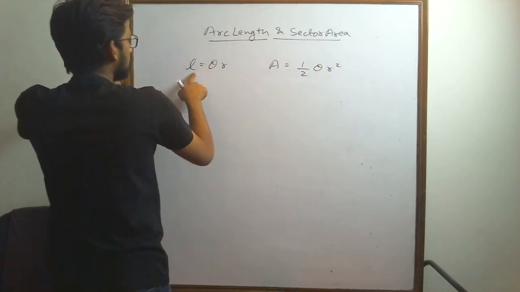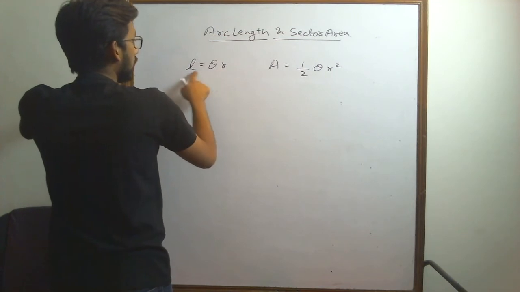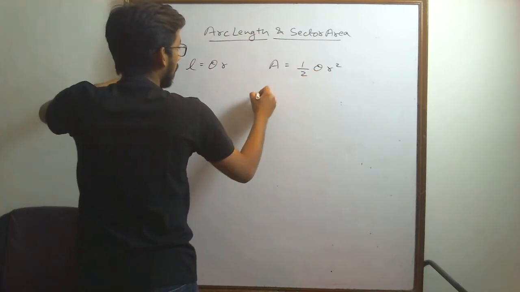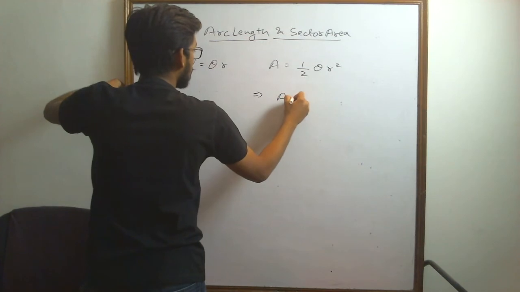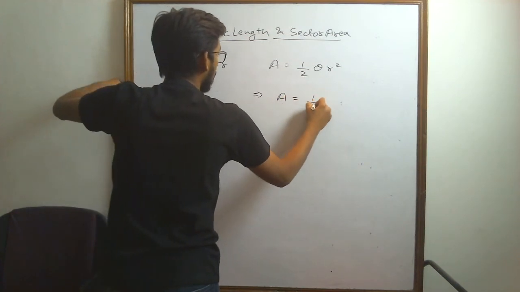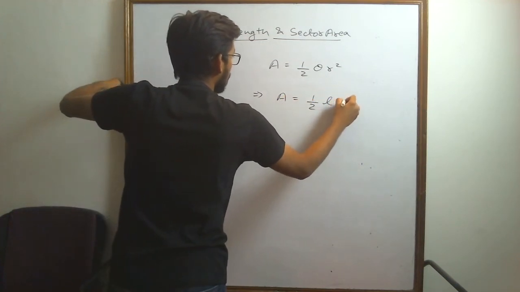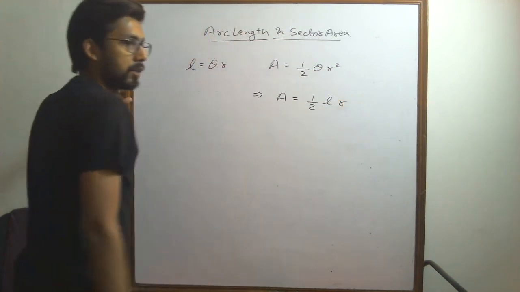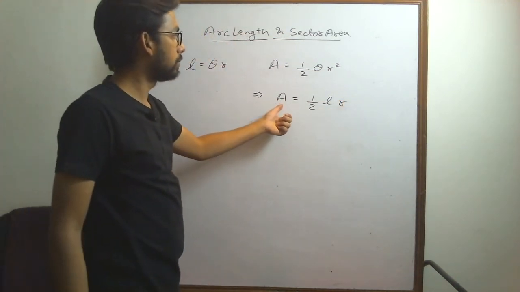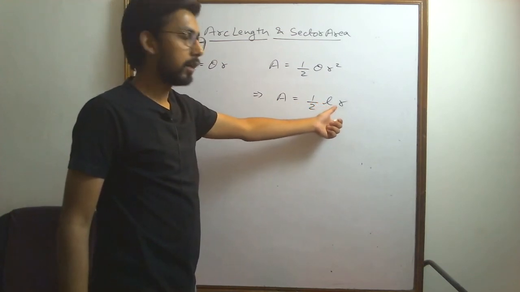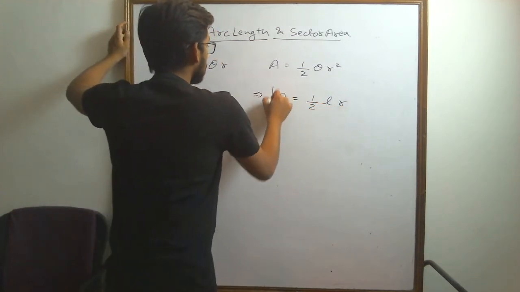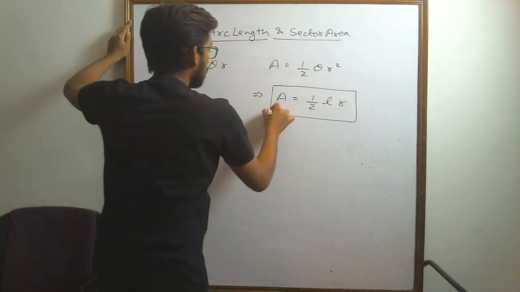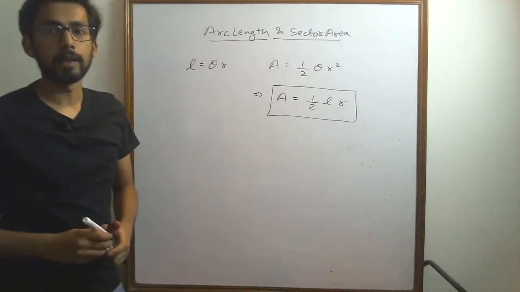If I substitute theta r is equal to L in this formula, I will get that area of the sector is equal to 1 by 2 into L into r. So this time the area of the sector is in terms of the length of the arc and the radius of the circle. So very important formula as well.